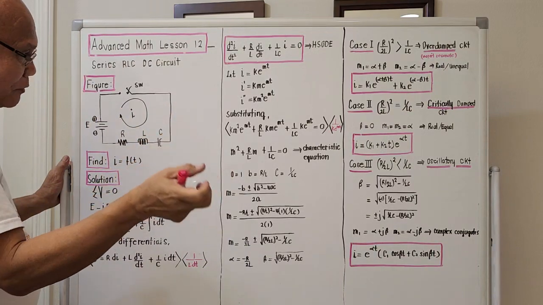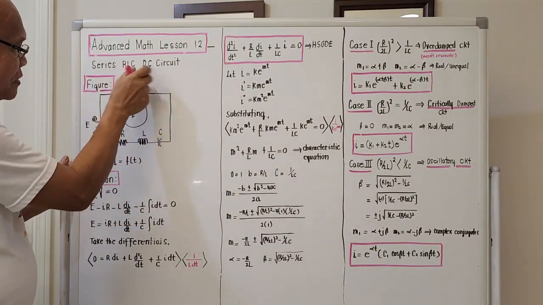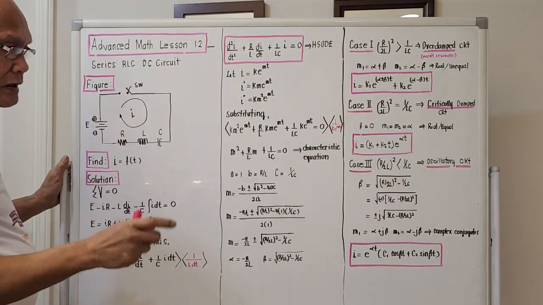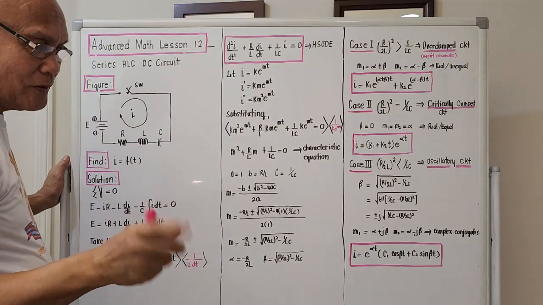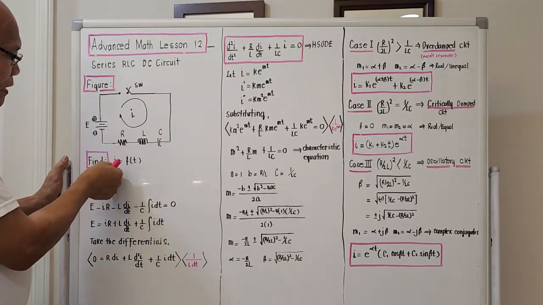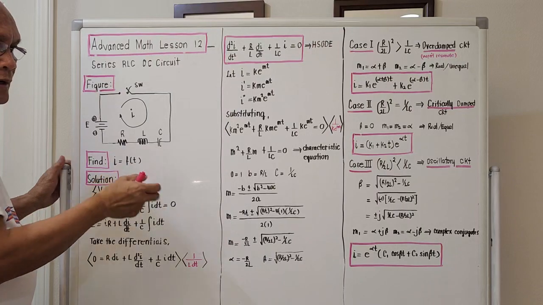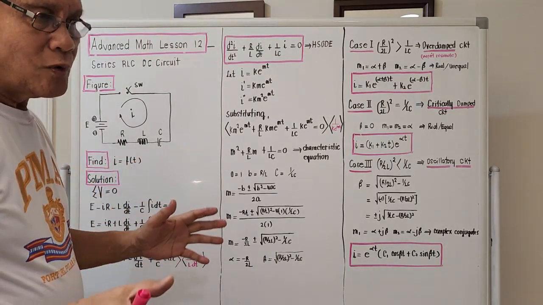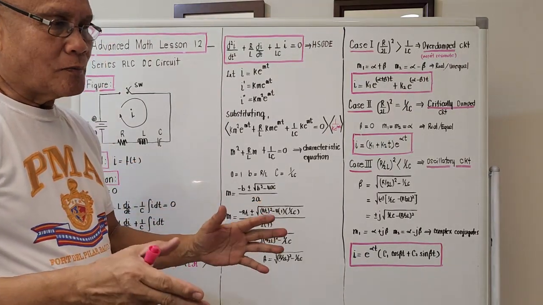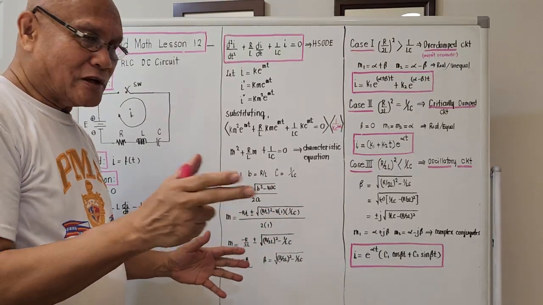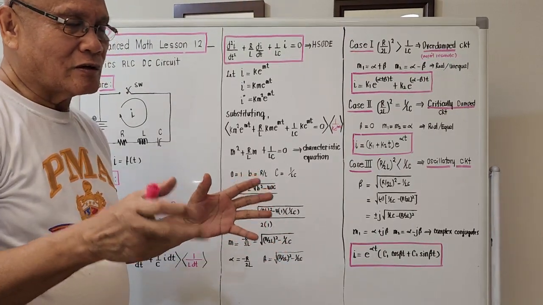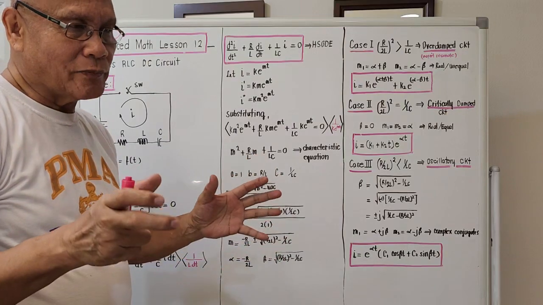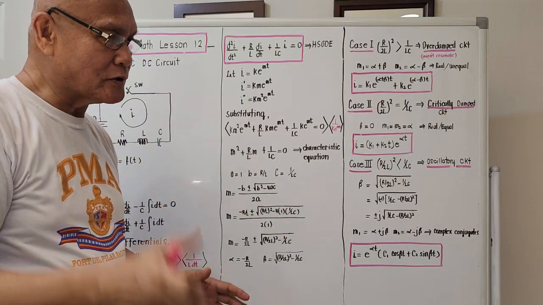That's why our topic for tonight is a series RLC DC circuit. The main problem here is to find current as a function of time. Lesson number 12 will be a little bit complicated compared to the past two lessons, because under lesson number 12 there will be three cases. Okay, let's proceed.